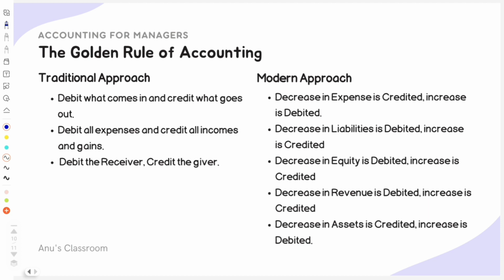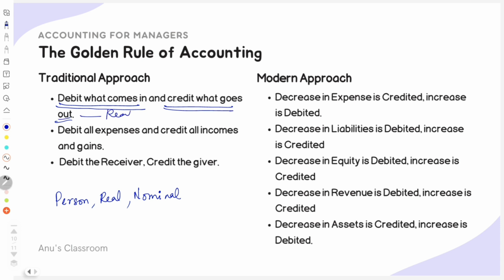So in the traditional approach, the golden rules of accounting are, there are 3 rules. In the traditional approach, we said there are 3 types of accounts: personal, real, and nominal. If it is a real account, then debit what comes in, credit what goes out.